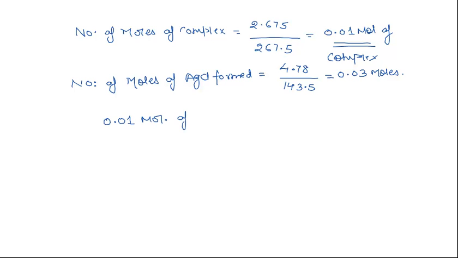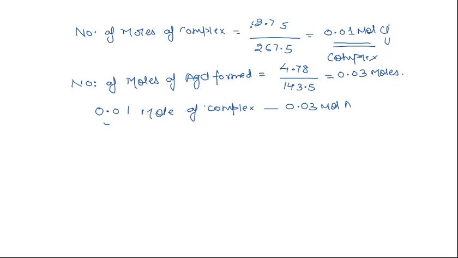So 0.01 mole of complex is giving how many moles of AgCl? 0.01 mole of complex is giving 0.03 mole AgCl, right?